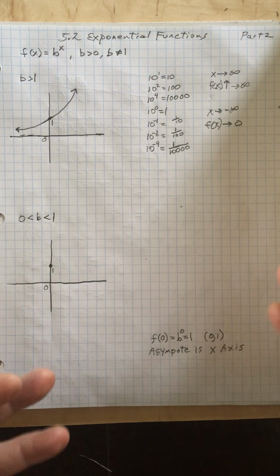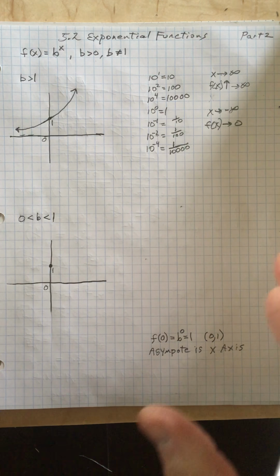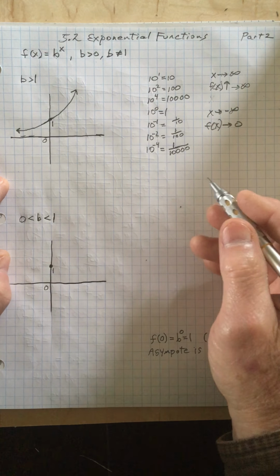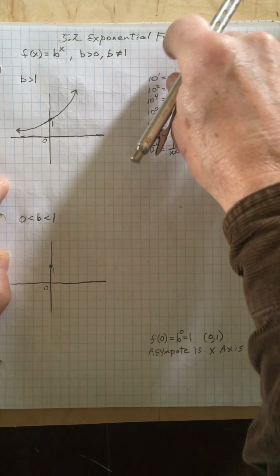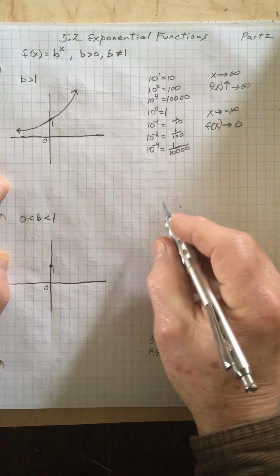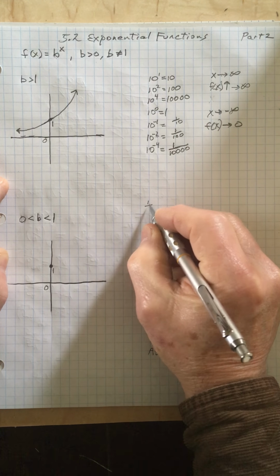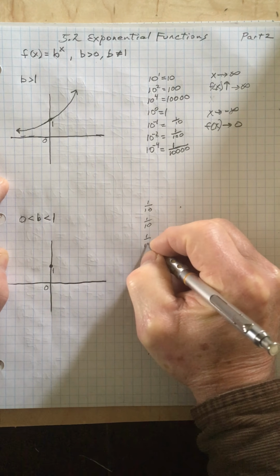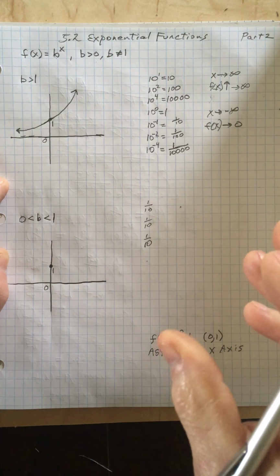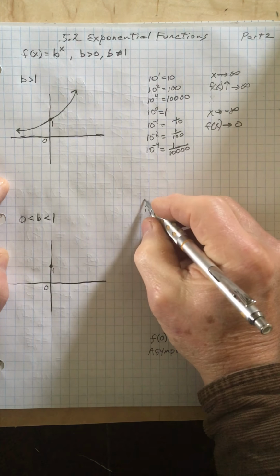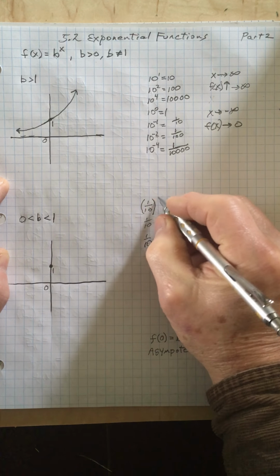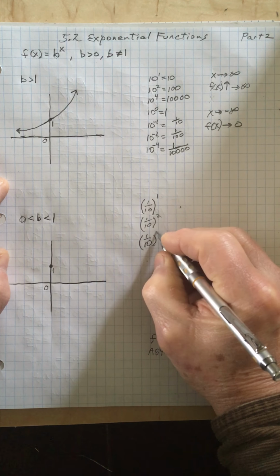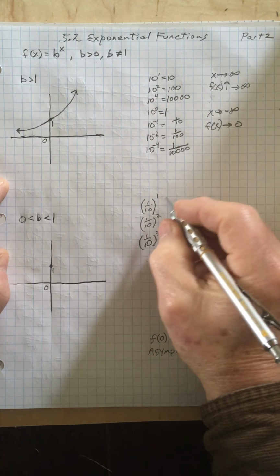All right, that's b greater than 1. If we're between 0 and 1, that means b is a number less than 1, but greater than 0, of course. When you have a number less than 1, it's kind of the reverse of this. So we're actually going to start off with numbers like, say, 1/10. That's less than 1. Whenever you raise a number that's less than 1, and greater than 0, to a positive power, you're going to get smaller and smaller.